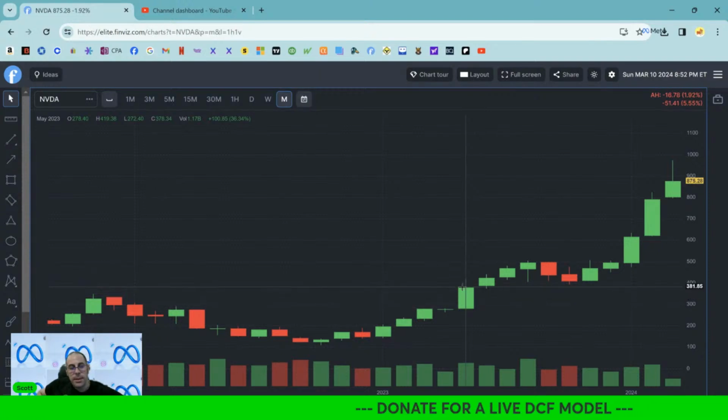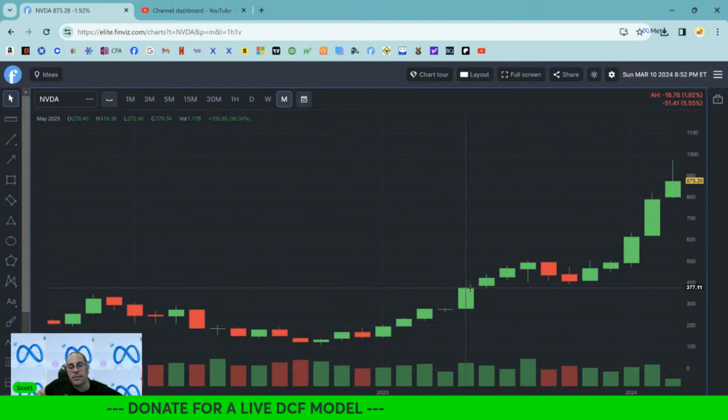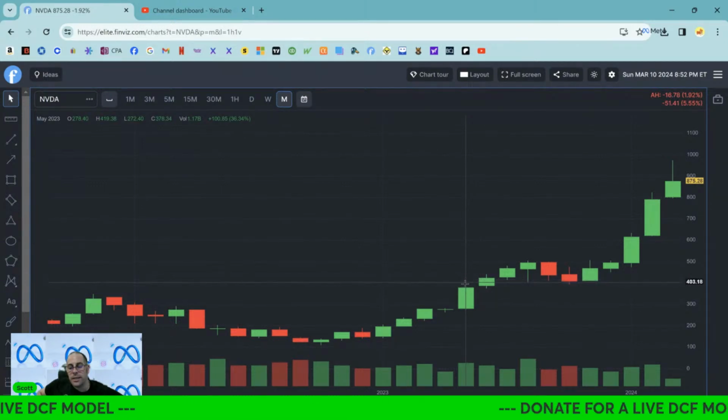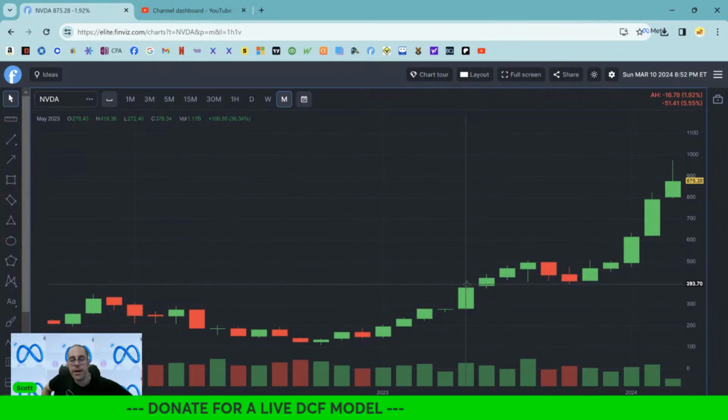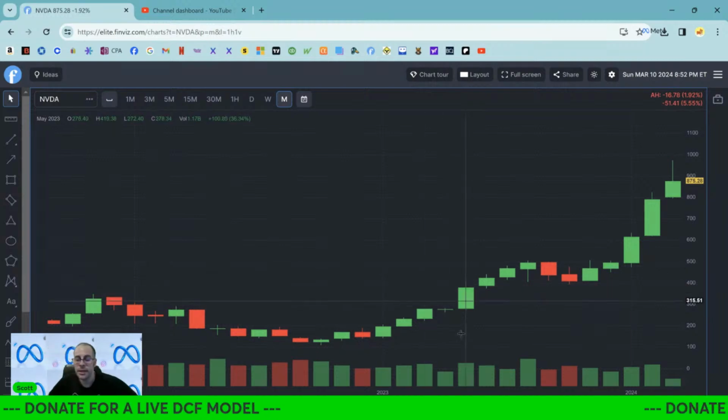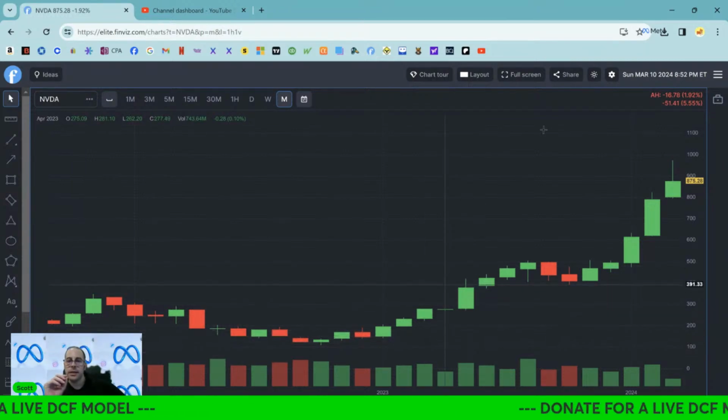It closed up here at 378. But the high was 419, because the wicks on the top and bottom of the candlestick show you the highest point for that month.